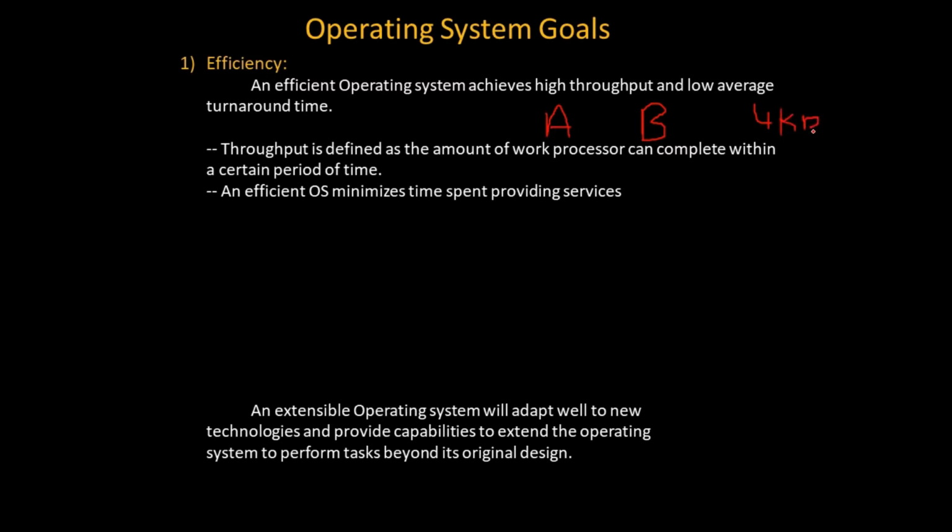If processor A takes just 2 milliseconds to complete the work, and processor B takes 5 milliseconds to complete this same job of 4 KB, it therefore implies that processor A has a higher throughput than processor B, since processor A processes faster than processor B.